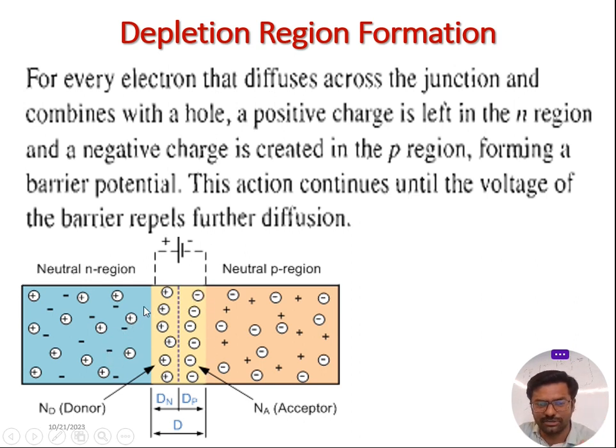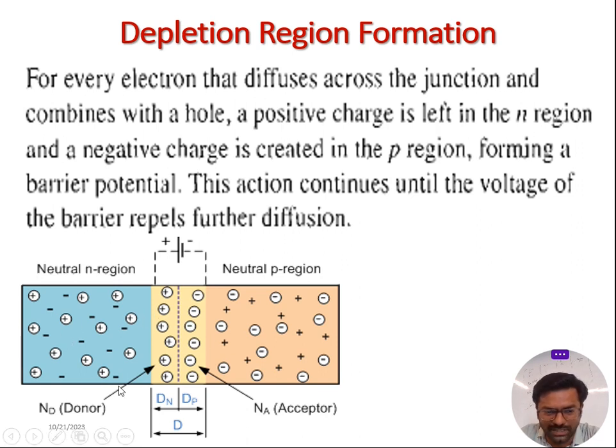Till then, these electrons will try to diffuse into the P type material, and it may create a single layer of positive and negative ions, or it may create two layers of positive and negative ions. But after some time, it is not possible for these electrons to diffuse through the junction, because the layer of negative ions opposes the diffusion of electrons from the N type material to the P type material. Until then, the diffusion will take place.